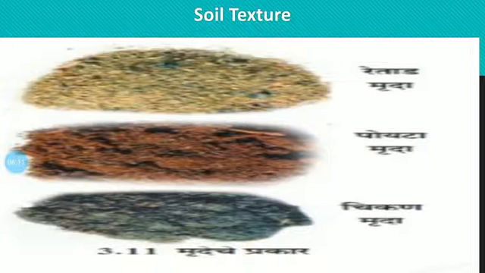Sandy soil. The proportion of sand, that is large particles, is high in sandy soil. Water drains rapidly through sandy soil. It is easy to plough this soil, but it is less fertile.